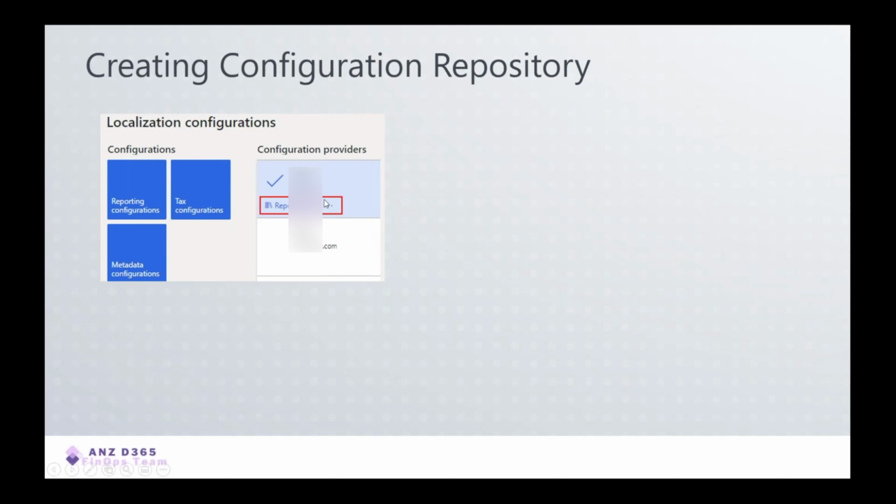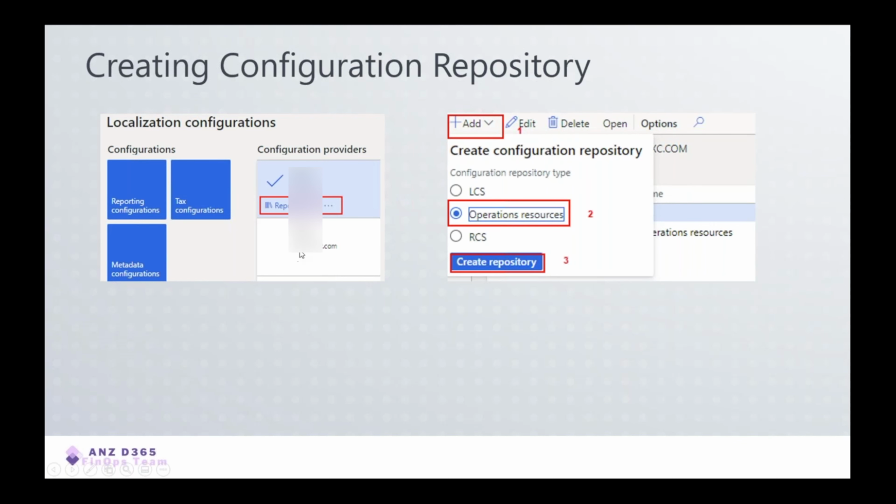If we define it as a Microsoft configuration provider, we will be defining it as Microsoft.com here, and we will be placing it in LCS. So whatever reports or documents are provided by Microsoft, you can export.